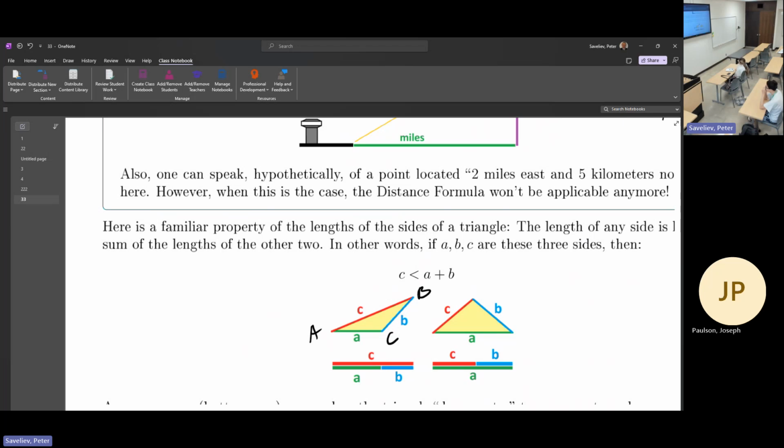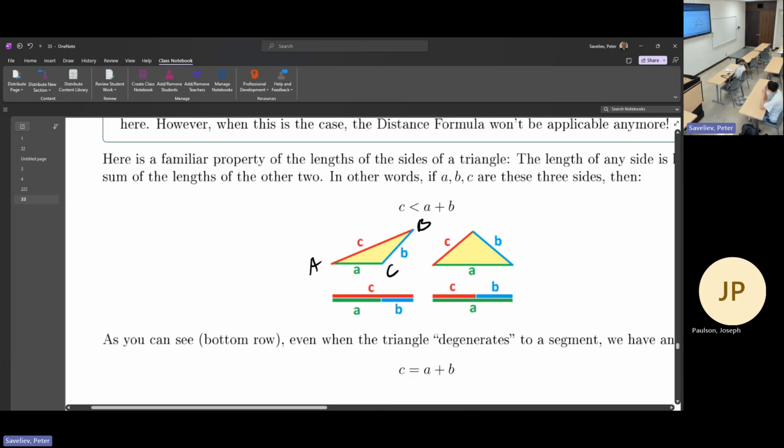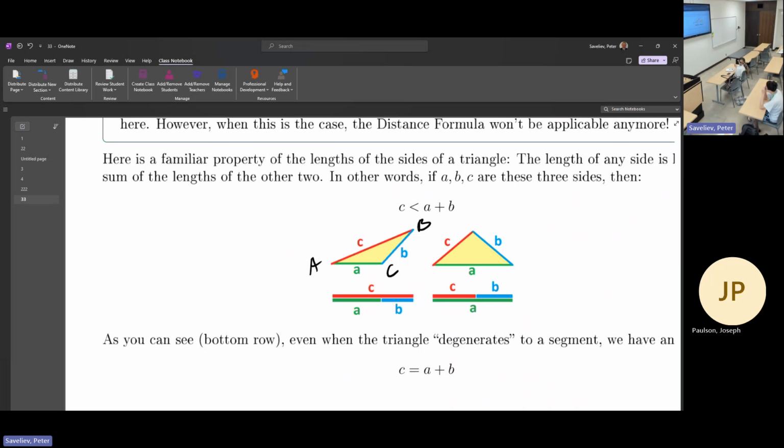The rule still applies, except the inequality does not have to be strict anymore, because C might be equal to A plus B. So the point is that we want to make certain common sense things explicit in our development of the geometry of the plane, so that we can carry them on to higher dimensions. Some of the common sense might be forgotten, so we put it in words and in formulas in the form of a theorem, in order to see if it makes sense once we go to dimensions that we cannot visualize.